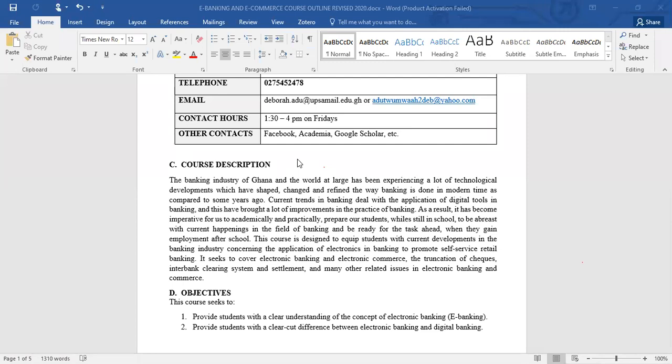We do buying and selling with the aid of electronic gadgets. You advertise, like I just told you that I advertise my products at Gigi, I advertise on Facebook, YouTube, etc. These are all parts of electronic commerce. Buying and selling with the aid of electronic devices is electronic commerce.